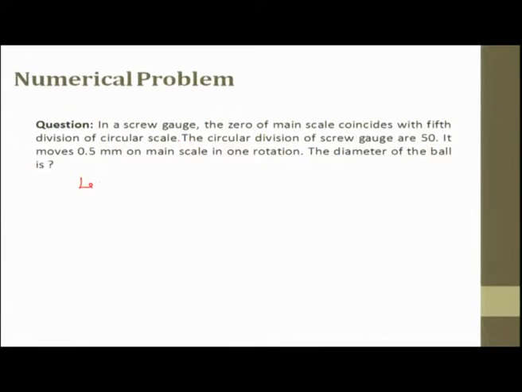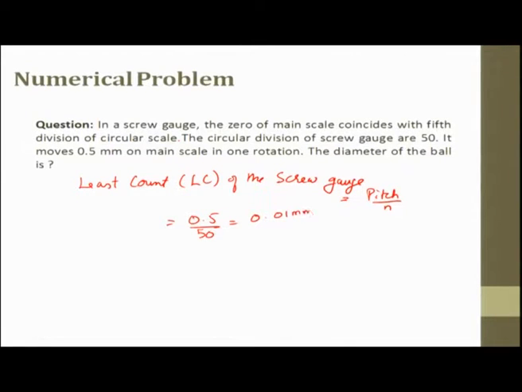So, the least count LC of the screw gauge is equal to pitch by N. We saw the formula. So, this is nothing but 0.5 divided by 50, which is 0.01 millimeter.